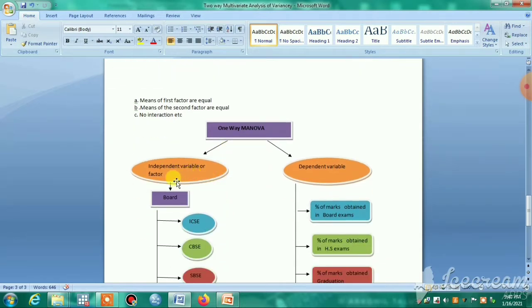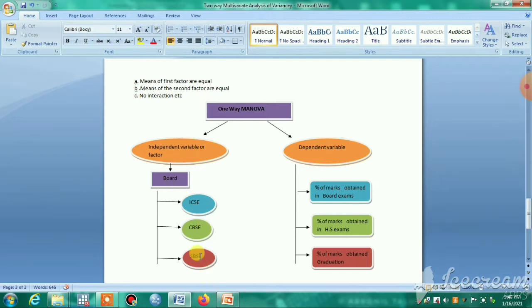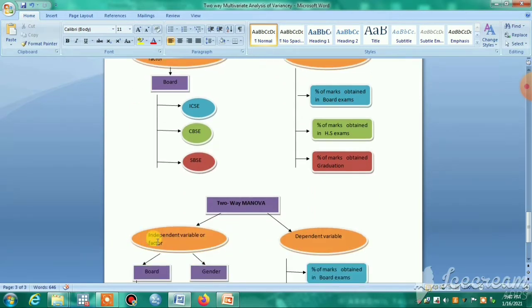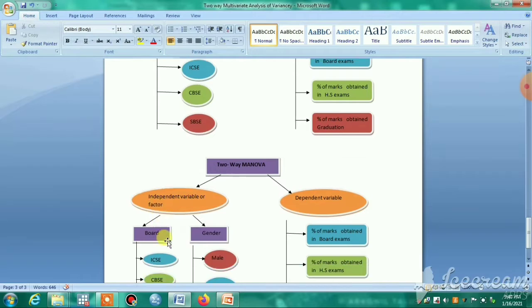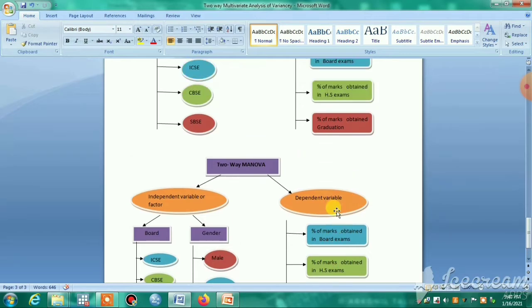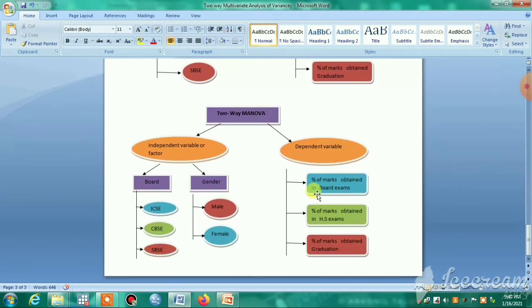Here the independent variable is one with 3 categories, but the dependent variables are more than one: percentage of marks obtained in board exam, percentage of marks obtained in HS exam, percentage of marks obtained in graduation, etc. But in two-way MANOVA, the independent variables are now more than one, board as well as gender, board with 3 categories, gender with 2 categories, and the dependent variables are the same as in the one-way MANOVA: percentage of marks obtained in board exam, percentage of marks obtained in HS exam, and percentage of marks obtained in graduation.